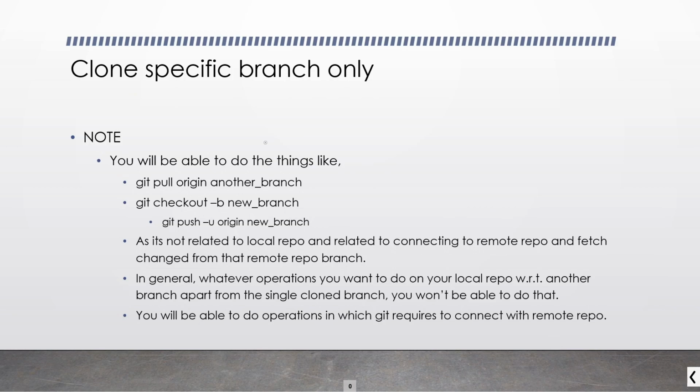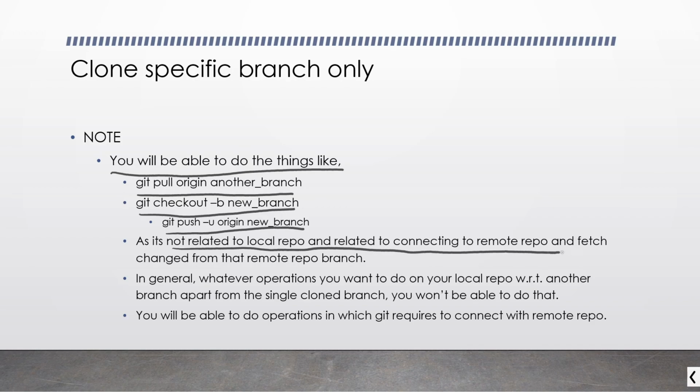Apart from that, you will be able to do a few things like git pull origin another branch or git pull origin master. Another command is git checkout -b new branch, and git push -u origin new branch. Such operations you will be able to do, because these are not related to the local repository; they are related to connecting to the remote repository and doing the required operations.